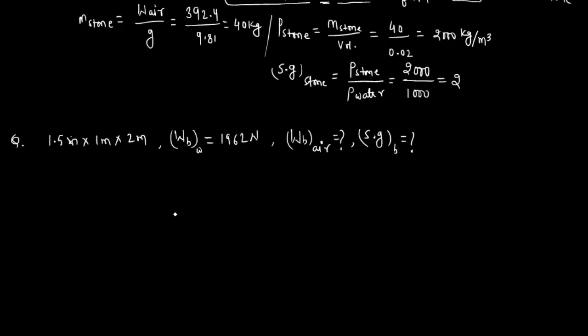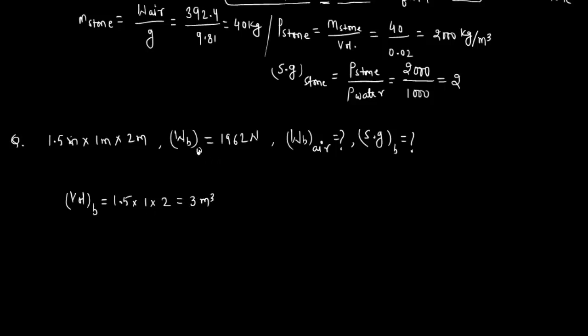Okay, so as the dimensions are given, we can find out the volume of this body. So volume of this body will be simply 1.5 into 1 into 2. So we can say that this is 3 meter cube.